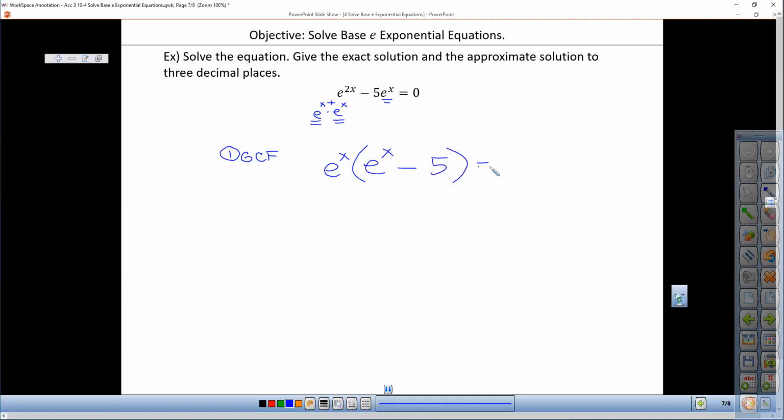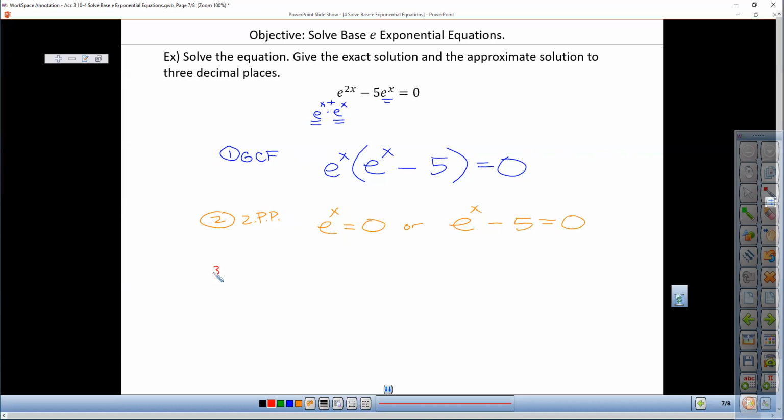And that equals 0. So now again, I've created a product of factors equals 0. So I move on to my zero product property. So either e to the x equals 0 or e to the x minus 5 equals 0. In the first one, I've actually already got a power equals a power structure, where one power is e with an exponent of x, the other is 0 with an exponent of 1.